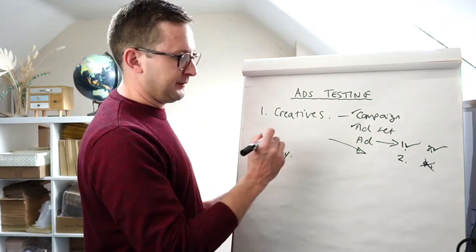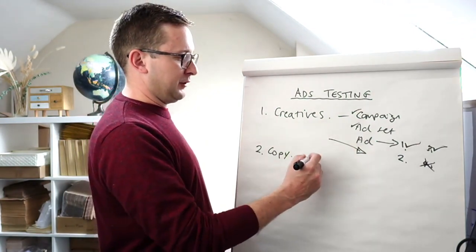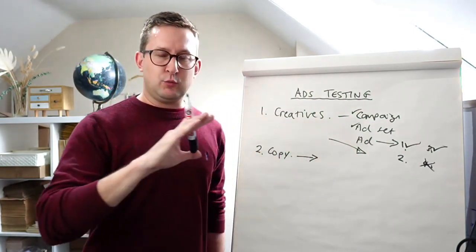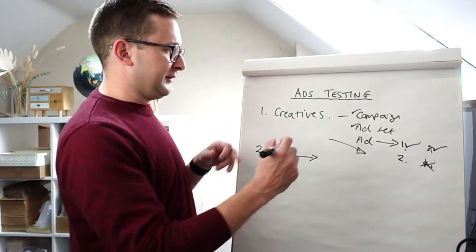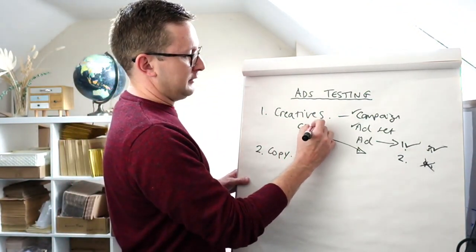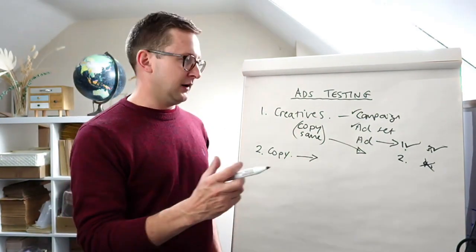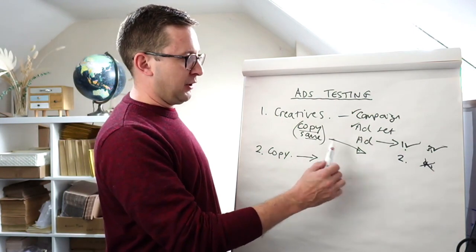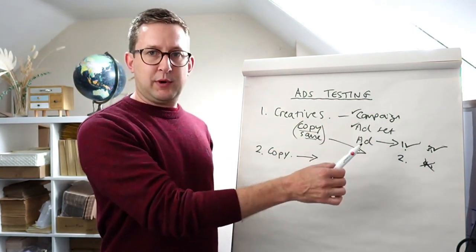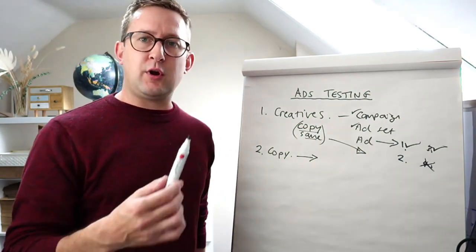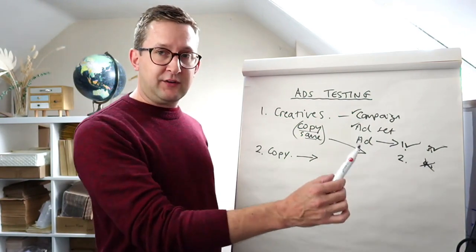Second thing you need to test, copy. And we would follow a similar structure. The key thing is that you isolate everything else, right? So in this test here, your creative has to be the same. If you start mixing up different variations of copy and different variations of creatives within this one campaign here, how are you going to know what caused that particular ad to perform well?